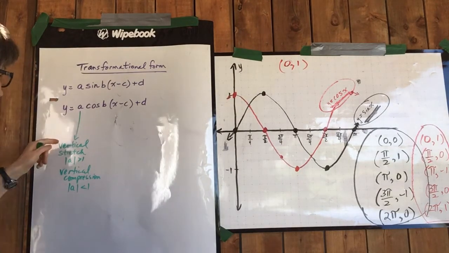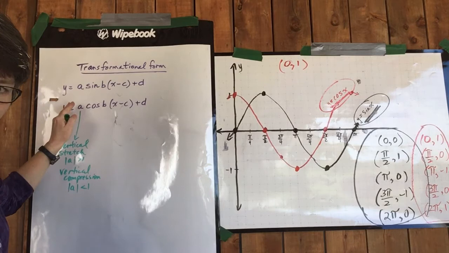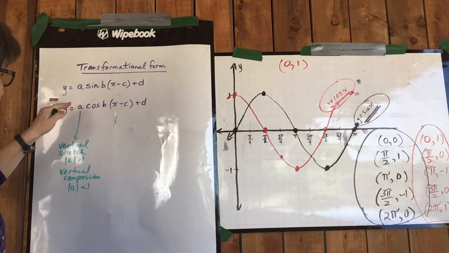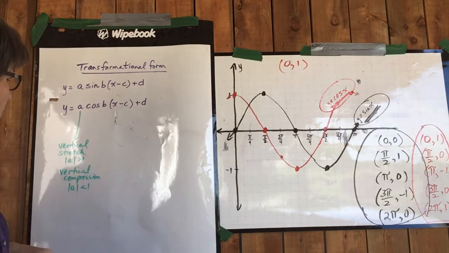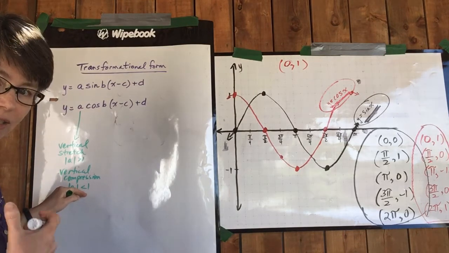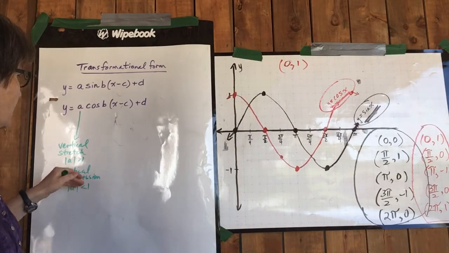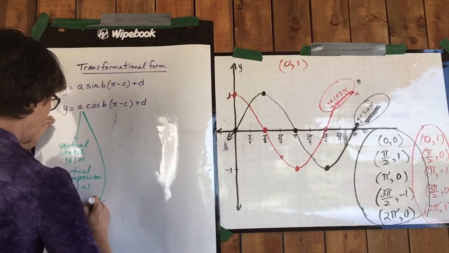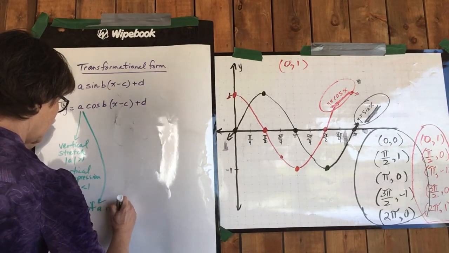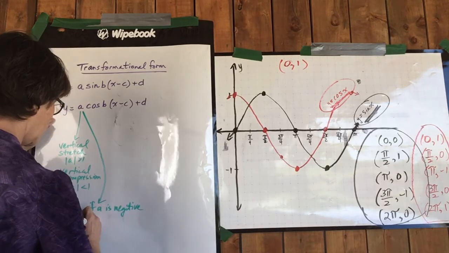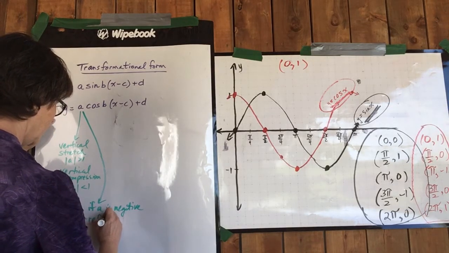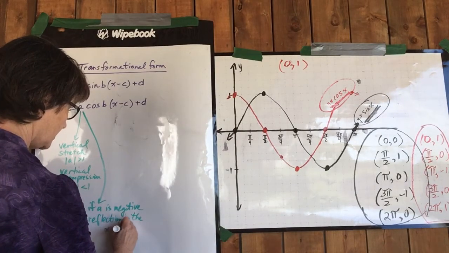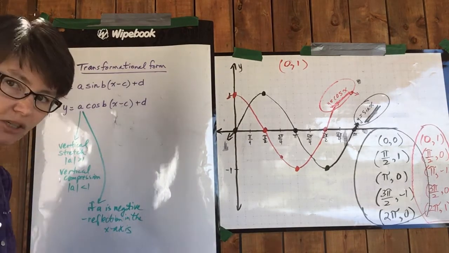In other words, not taking into consideration whether there's a negative sign, which would represent the reflection: if A is bigger than 1, then it's a vertical stretch. If A is a fraction less than 1, then it is a vertical compression. Now, please remember also, if A is negative, there is a reflection in the x-axis. And you saw this in the sine function in your investigations.